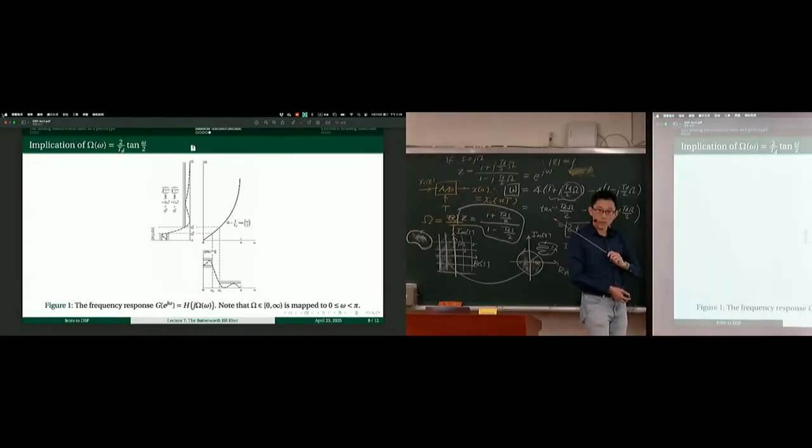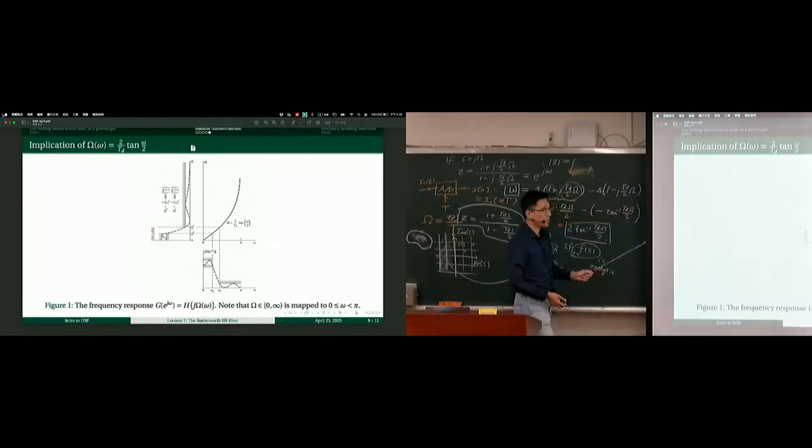Let's be clear about the difference: filter design versus sampling a signal. This is about designing a system, that is about sampling a signal. System versus signal, two different contexts.